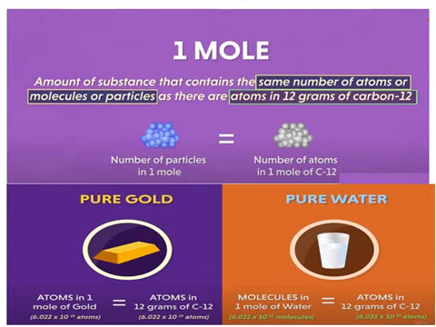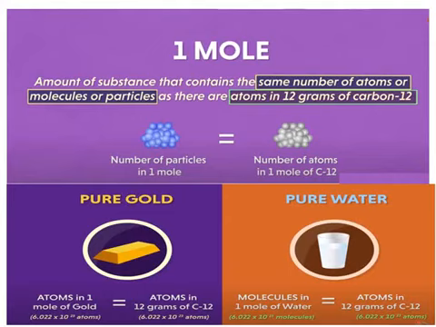So according to the definition, it is equal to the number of atoms in 12 grams of carbon 12. How much is that? It is also equal to the Avogadro's number, which is 6.022 into 10 to the power 23. So it can even be compared with the case of water. What is the number of molecules in 1 mole of water?